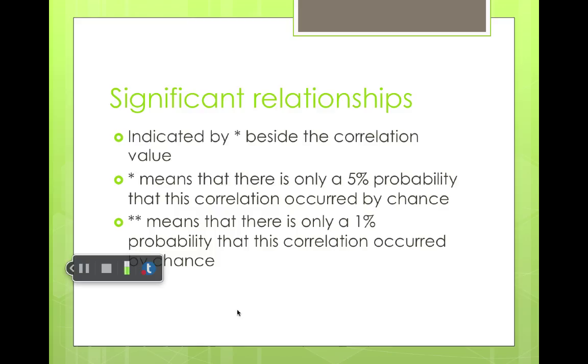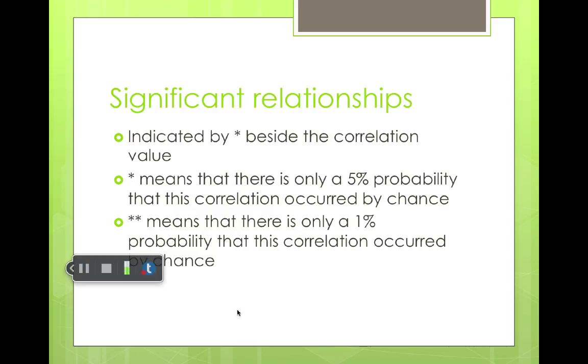And I'm not going to go into a long, detailed explanation of statistical significance, but just the short explanation, or the easy one, is that if you see one asterisk by a number, that's a good thing. That means that for that relationship between those two variables, there's only about a 5% probability or less that this correlation occurred by chance. So that just gives us confidence in that correlation.